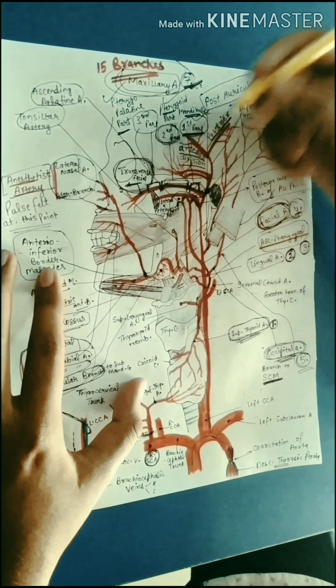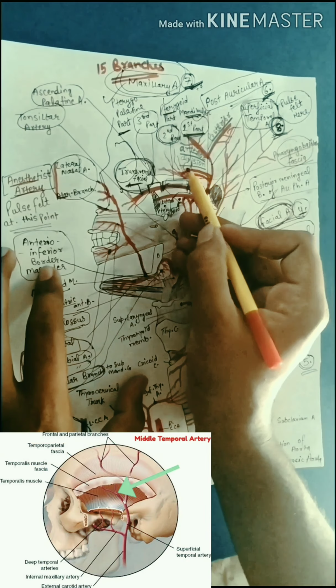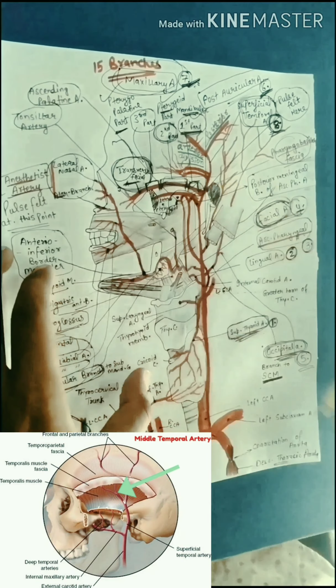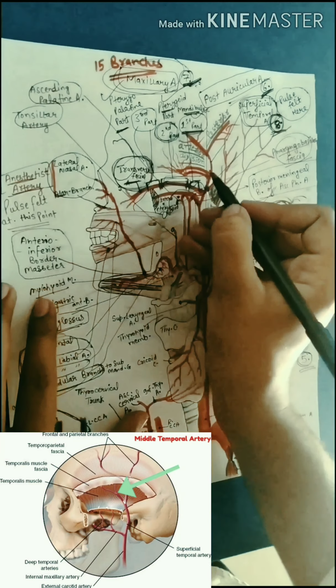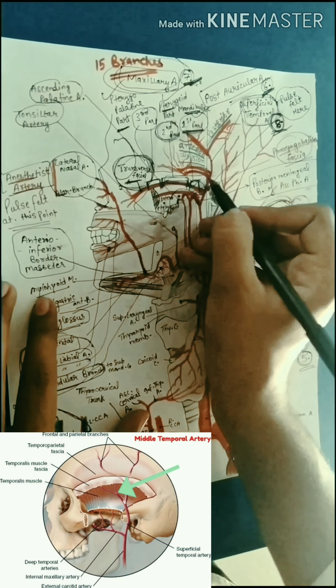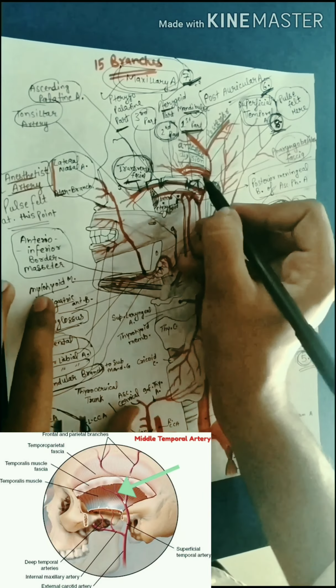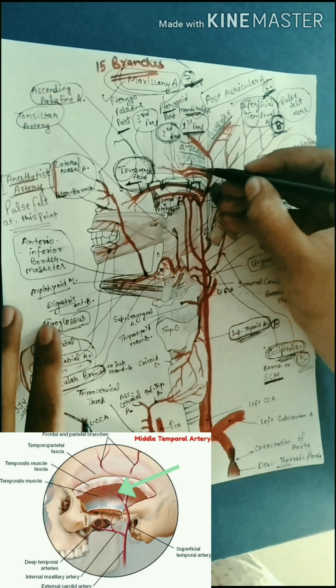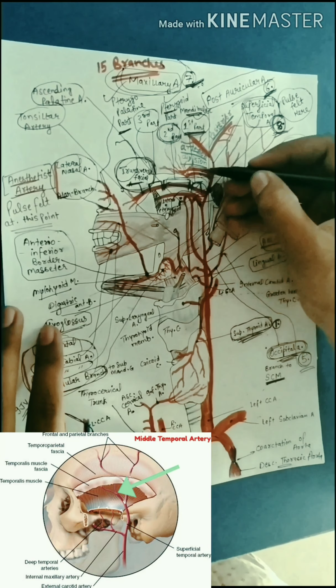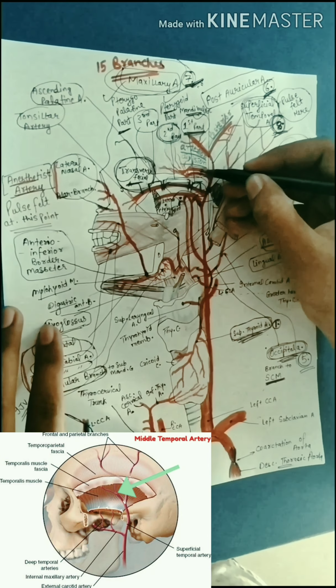Now what I am making is the two pairs of middle temporal arteries. So for the middle temporal, we have two pairs. They supply the temporalis muscle, and the fascia over it, the temporal fascia, and the temples area, right? The middle portion, not the anterior and posterior.